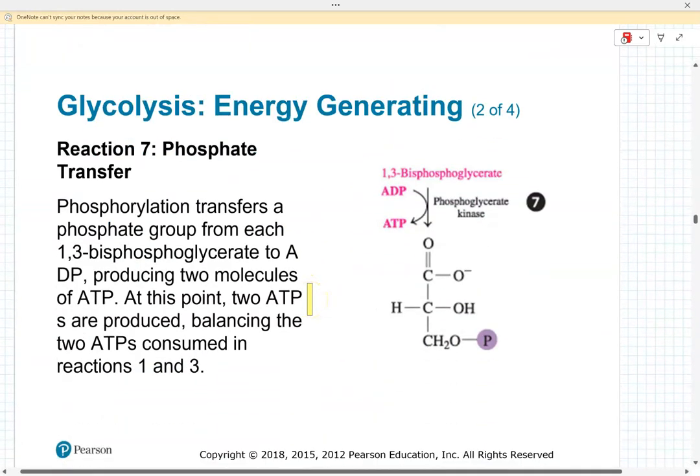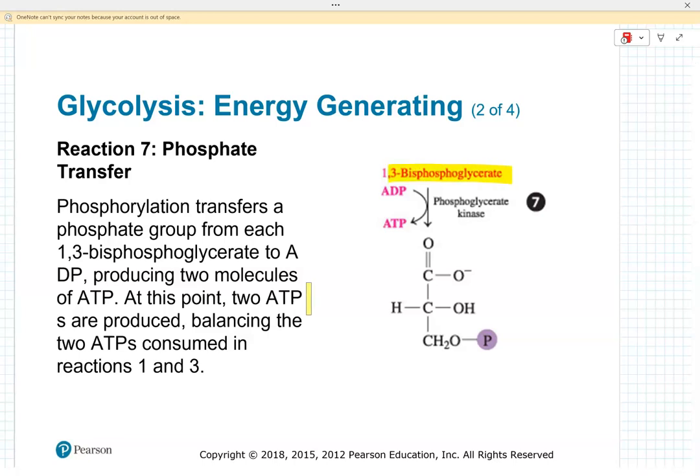Then, this molecule that we generated previously, 1,3-bisphosphoglycerate, is donating phosphate to make a molecule of ATP. Okay?